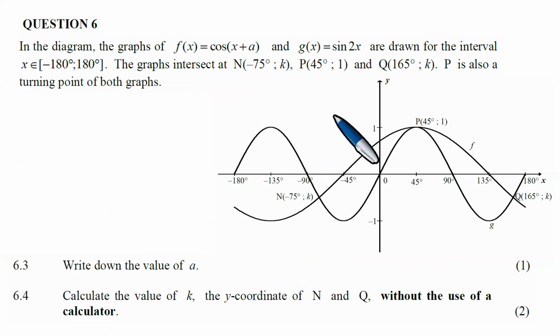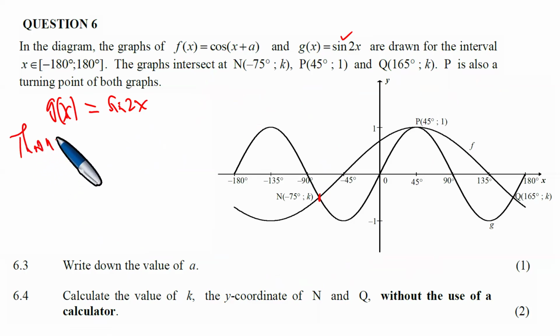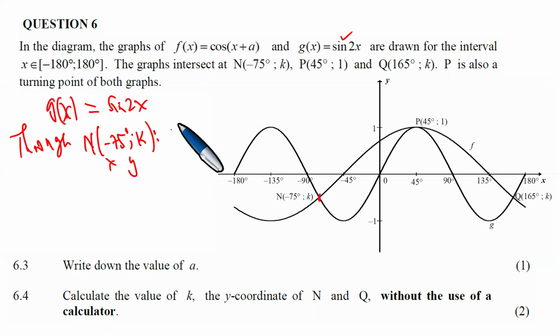So now what you need to do here is to look at one of the equations, but these two graphs intersect. So it means therefore we have g of x, which is the sine of 2x, but it passes through a point N. So you need to write through N with coordinates minus 75 degrees and k, which means this is x and y.